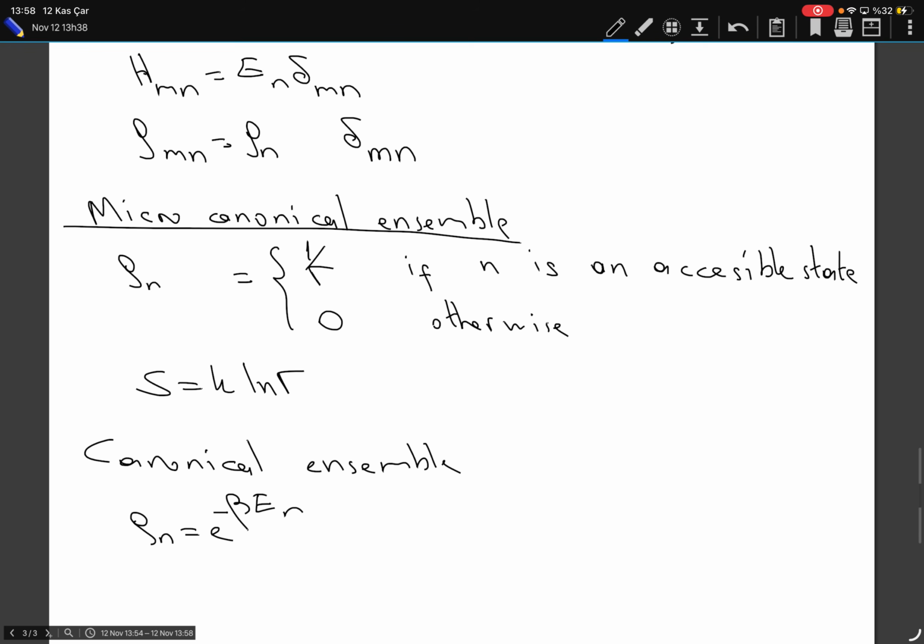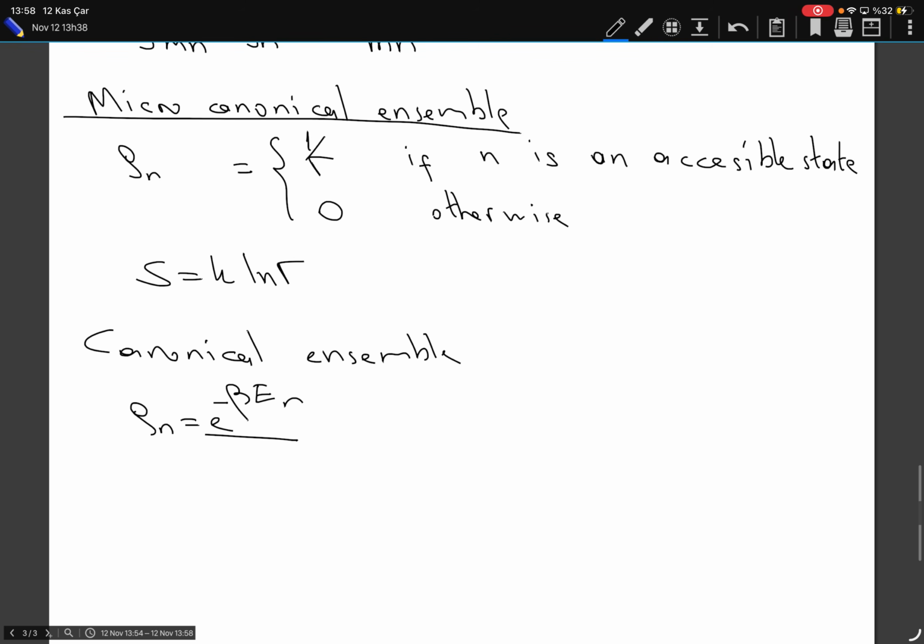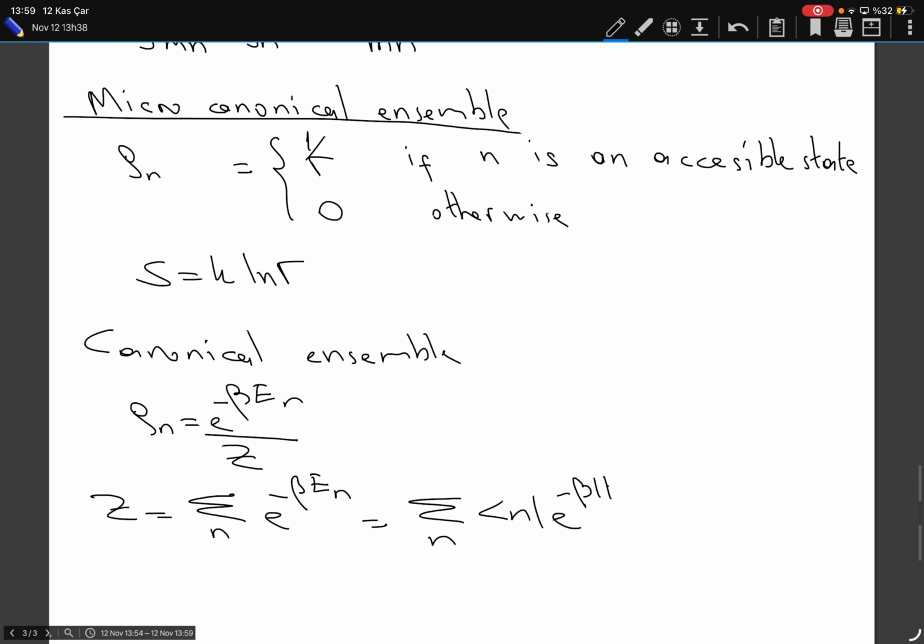So this is the canonical ensemble divided by, of course, the partition function. Now the partition function is sum over all the states my system can be in, e to power minus beta En, but this is sum over n e to power minus beta En, which is nothing but the trace of e to power minus beta h.